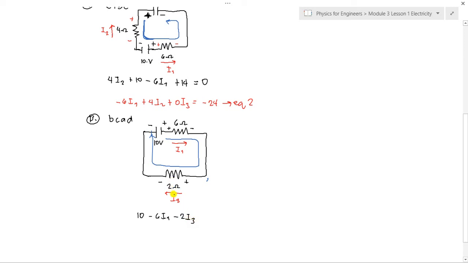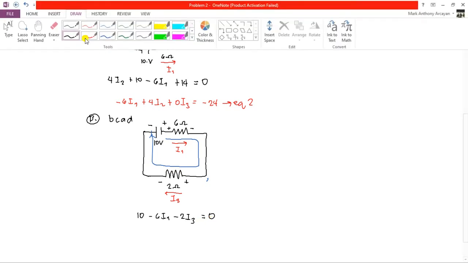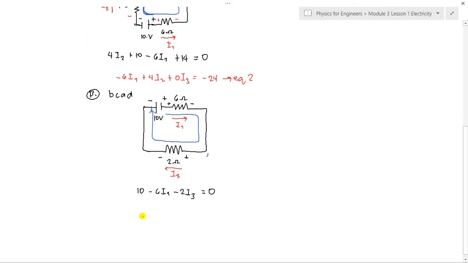It is a voltage drop because the direction of the current follows the direction of the loop. So this would be equal to 0. Rearranging to produce the third and last equation: negative 6I1 plus 0I2, since there is none, minus 2I3 equals 10, and transposing to the other side, we have negative 10. This would be equation 3.